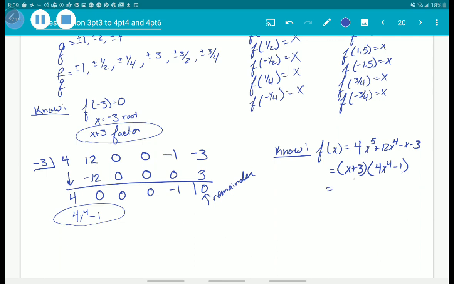And we can actually bring this guy down because that's a difference of squares. So there's our factored form.